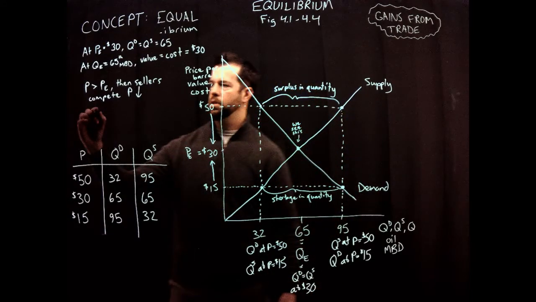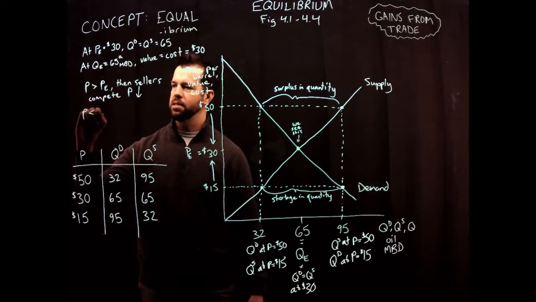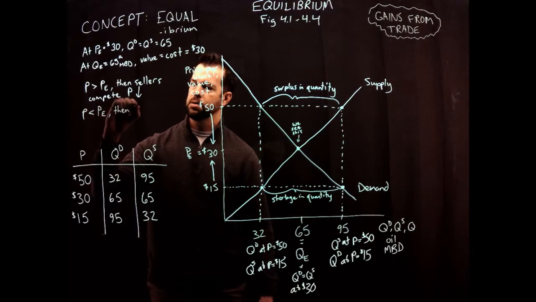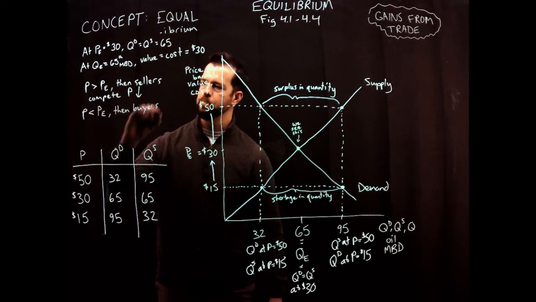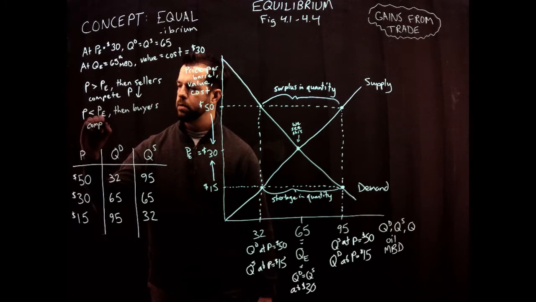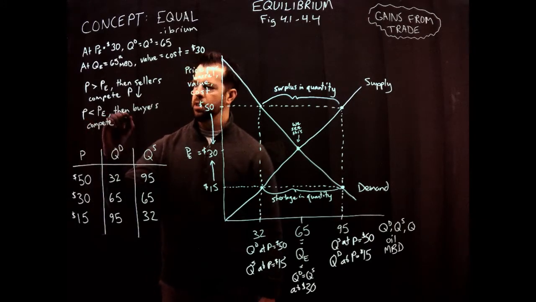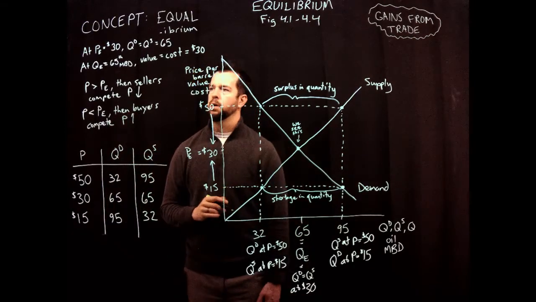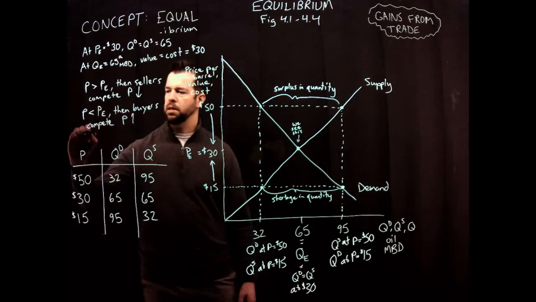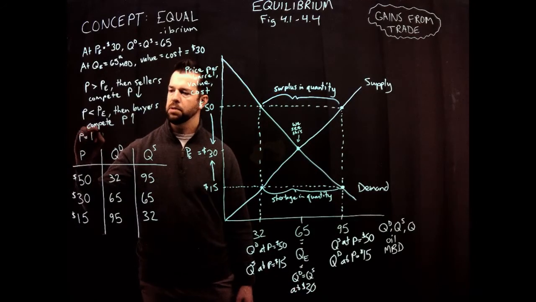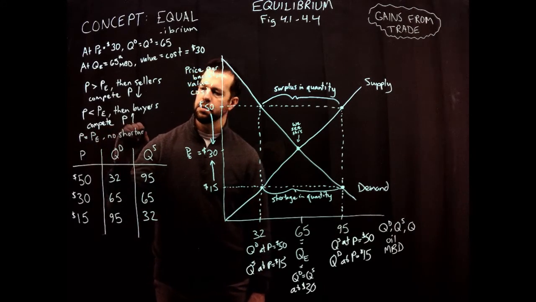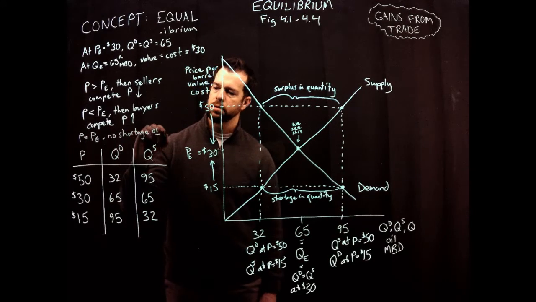And so the other big idea, when the price is less than the equilibrium price, then buyers compete. And the price goes up. Okay? And what that means, that when the price is equal to the equilibrium price, no shortage or surplus.